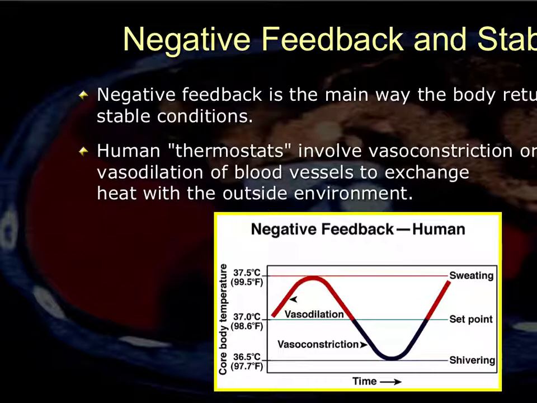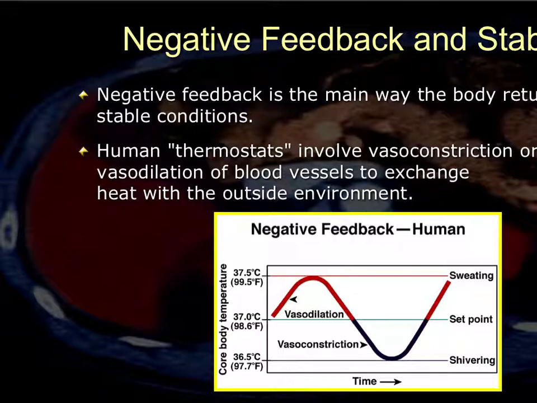If you get too cold, if we go this direction, now we're going to cause vasoconstriction. In vasoconstriction, the blood vessels constrict. So out in your extremities, your arms and legs, and close to the surface of your skin, those blood vessels get cut off, and the blood stays more in your core. So it keeps that heat in closer to your important organs, and you don't lose the heat to the outside environment.